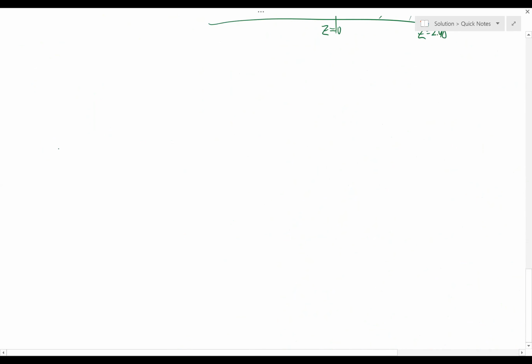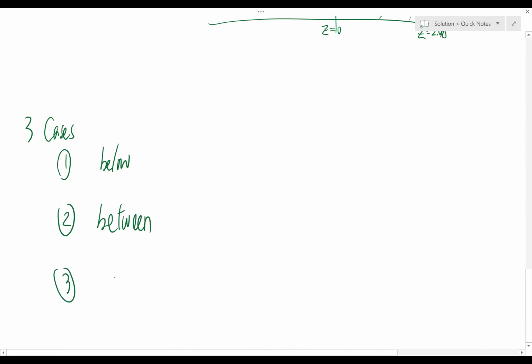For all this normal distribution central limit theorem, always 3 cases: below, second one is between, third case is above. Okay. Below, you find a z-score, look it up, and that z-score translates to probability, right?